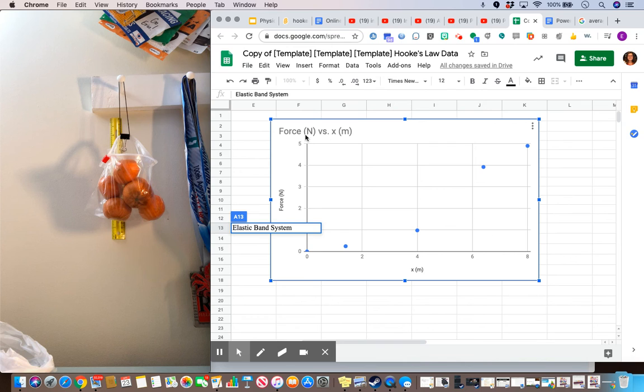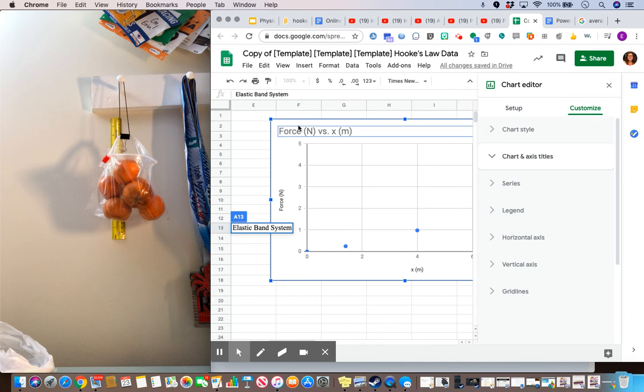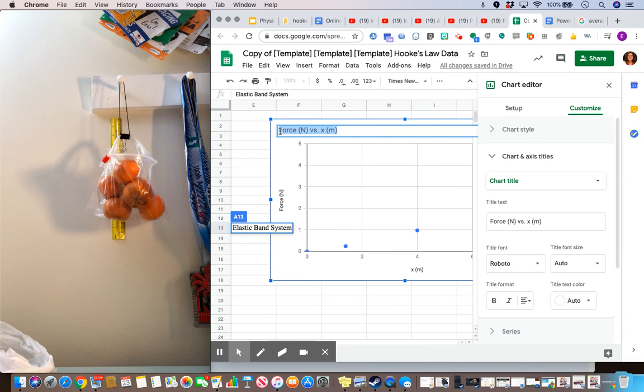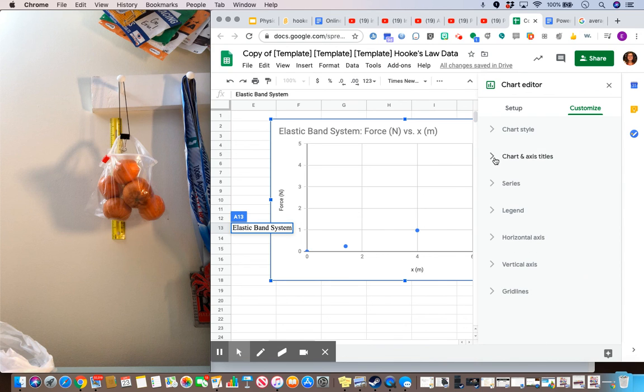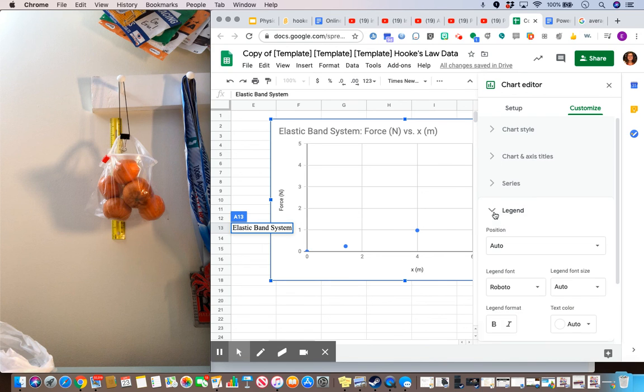Once you graph your data, you're going to again want to label your graph as a more specific graph so that you are able to determine the differences between your data tables as you paste it into your lab sheet. You also want a trend line, which was explained in the first video.